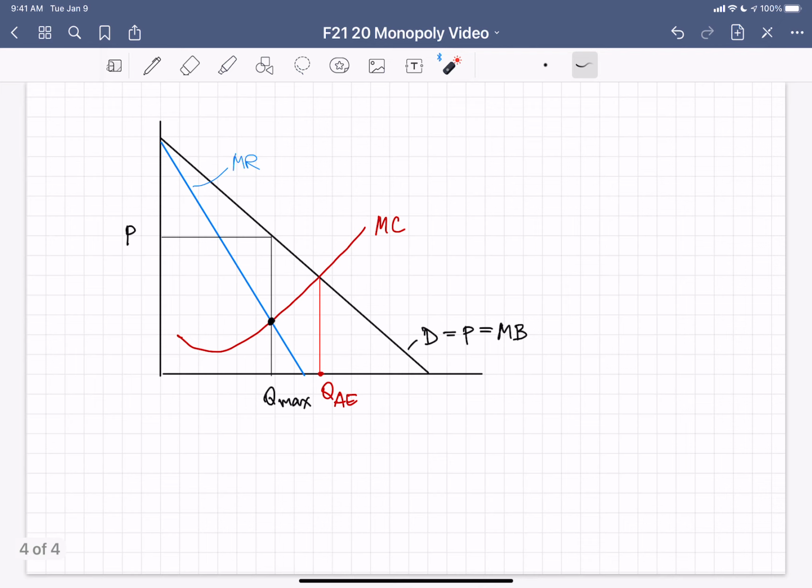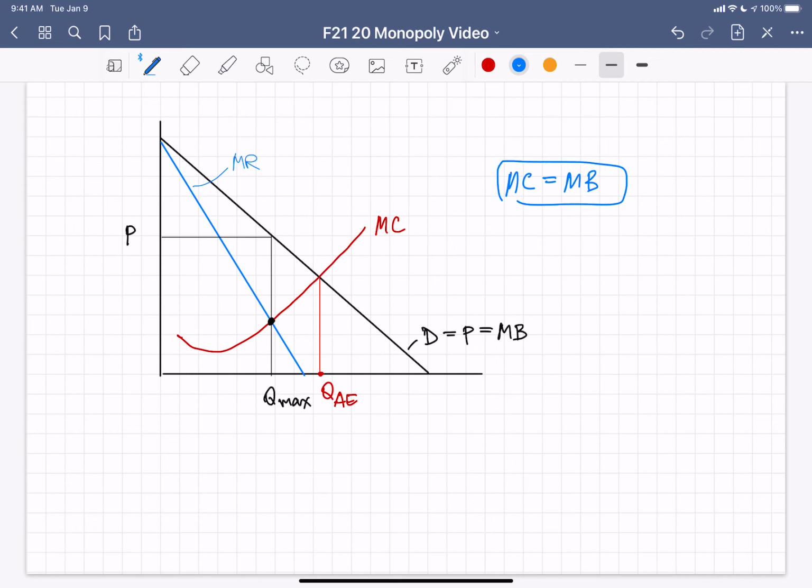All right, so next thing is to talk about efficiency or inefficiency of monopoly. And well, the thing is, monopoly will underproduce in comparison to the point of allocative efficiency. Because remember, the point of allocative efficiency is achieved where you make your marginal cost equal your marginal benefit.